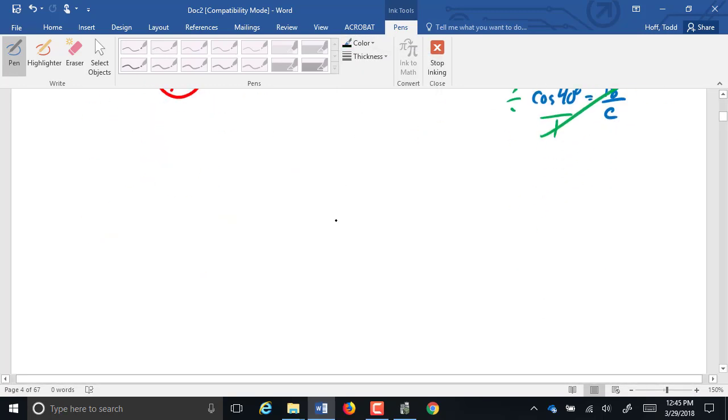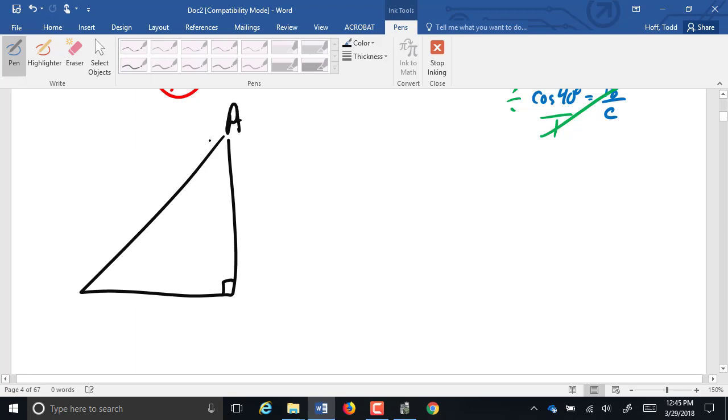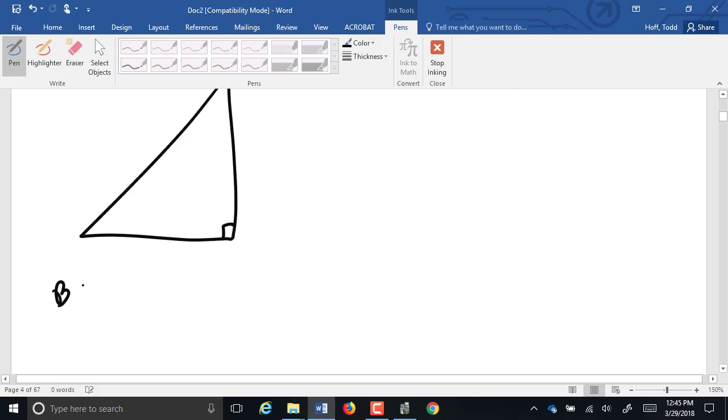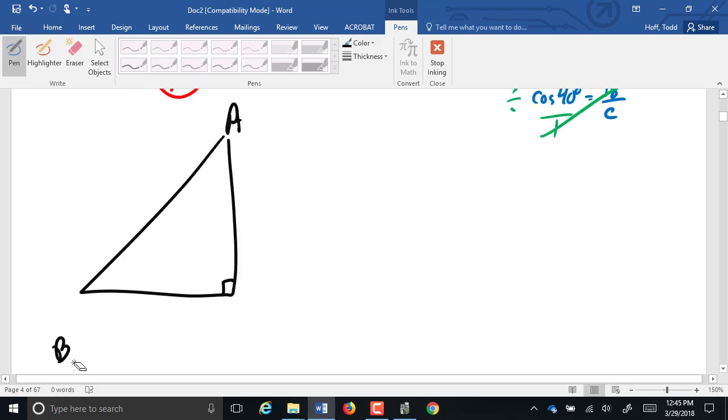Let's do another example. So let's say we have this triangle, again, A, B, C for the angles, little a, little b, little c.